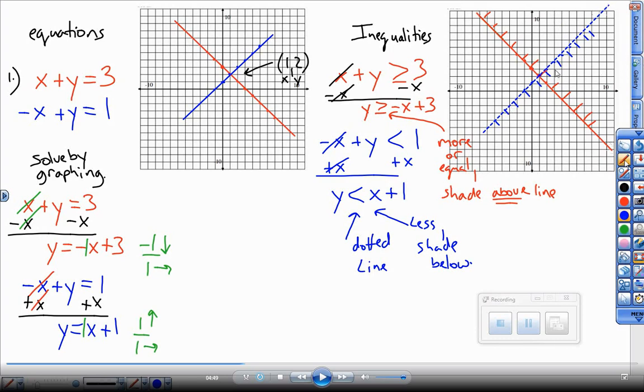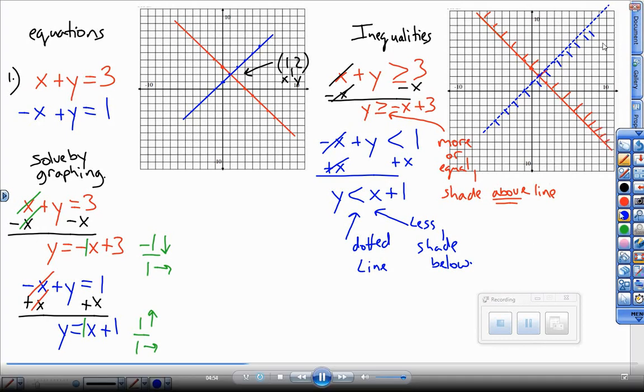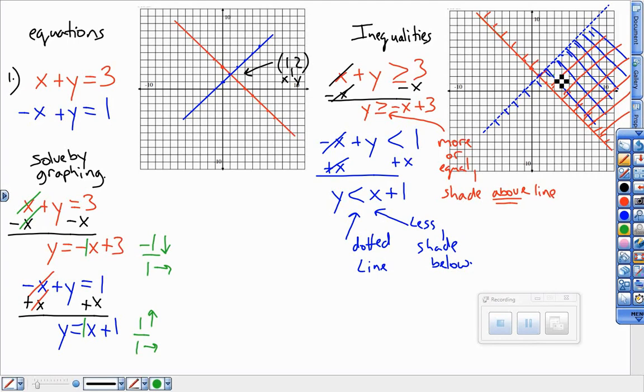I could see in this quadrant right here of these 4 parts, this is the part where the shading zones overlap. Once you see that, I want you to fill in just that 1/4 of your graph. Maybe draw the lines so they're parallel to these, and these lines are parallel to the other one to make it look legit. I want you to see that any point in this shaded zone will satisfy both inequalities.